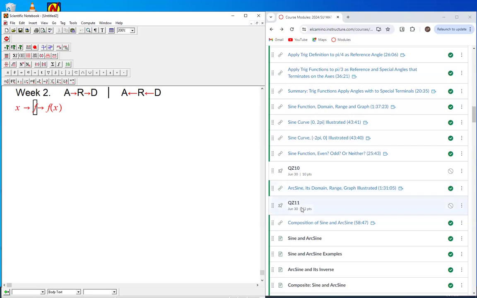And the next part is arcsine. Arcsine is actually D to A. So how do we see it? Take sine, for example.